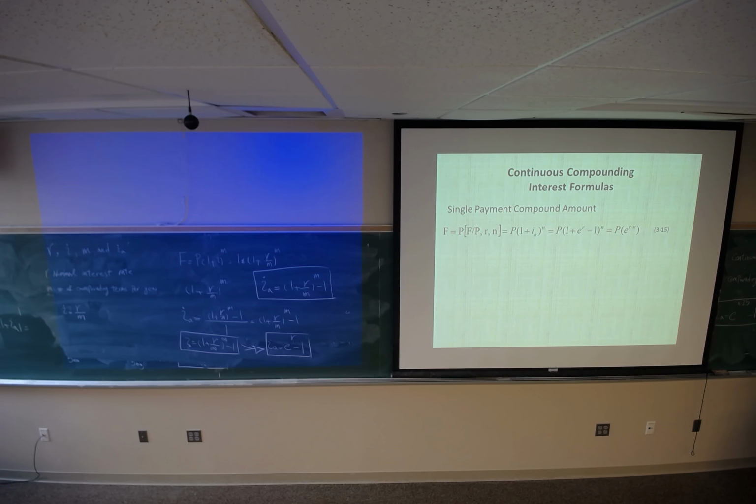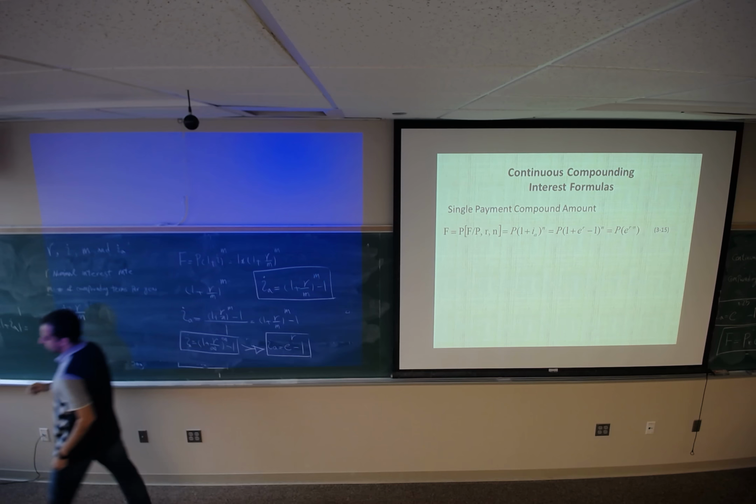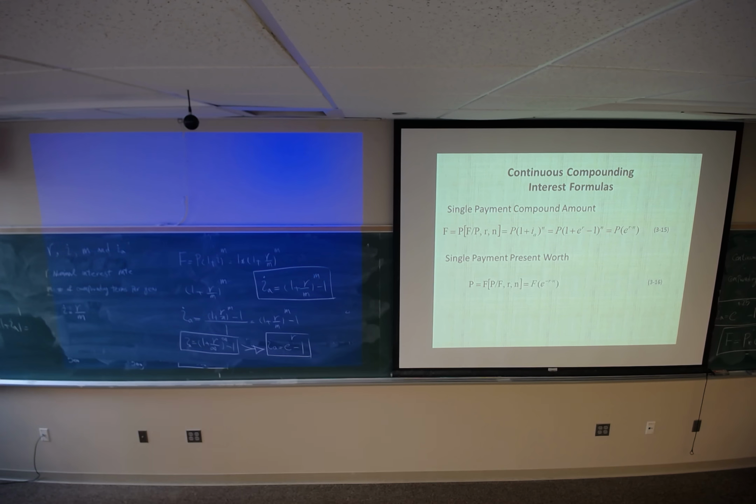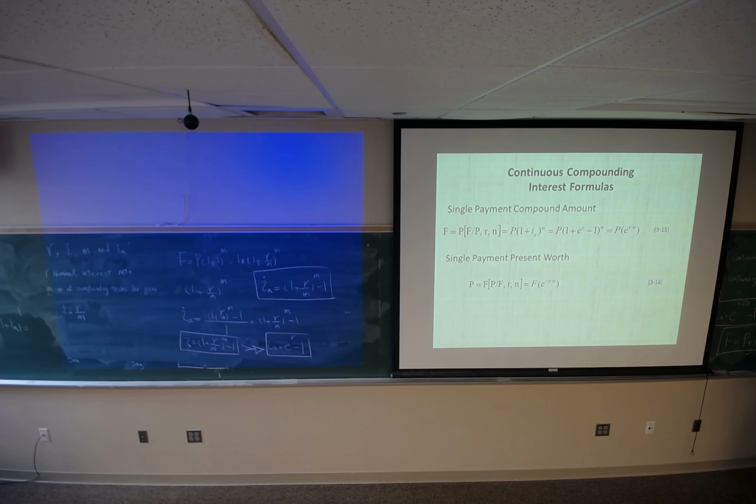We can cancel out 1 and you will get P times e power R times n. And vice versa, if you are given F and you want to find P, P would be F divided by this. Dividing by this means negative on top. We call it the single payment present worth formula.